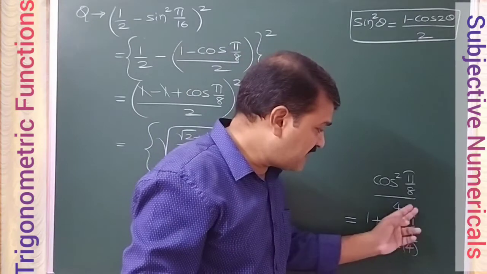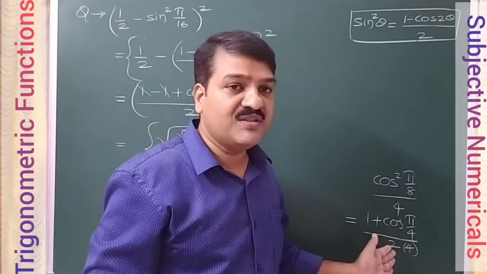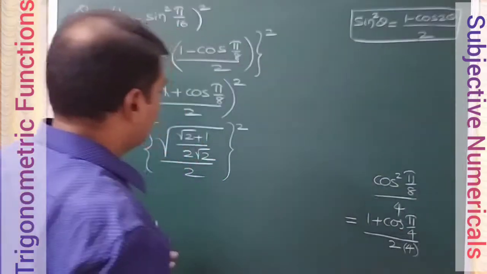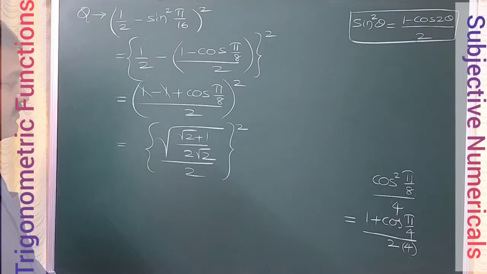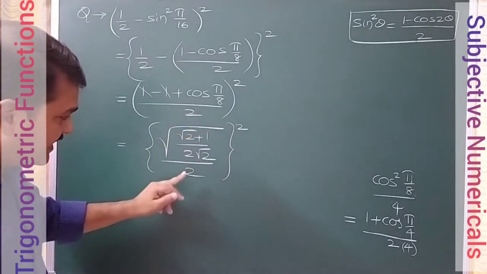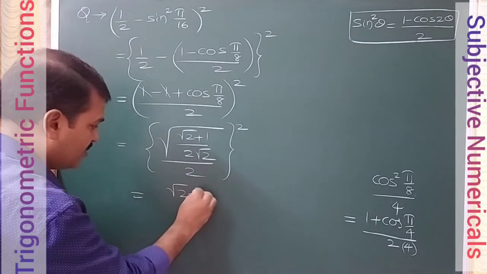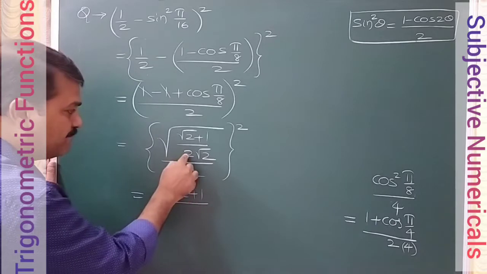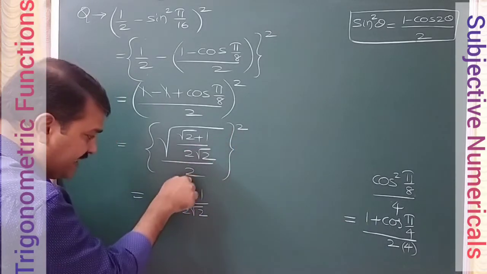Now what is cos pi by 4? Cos 45, 1 by root 2. So you can go in this process also. Okay, so cos pi by 8 value I am using here. So square and root cancel, and denominator 4 you will get. So therefore this is going to be root 2 plus 1 by 2 root 2, and denominator by 2 square is there.